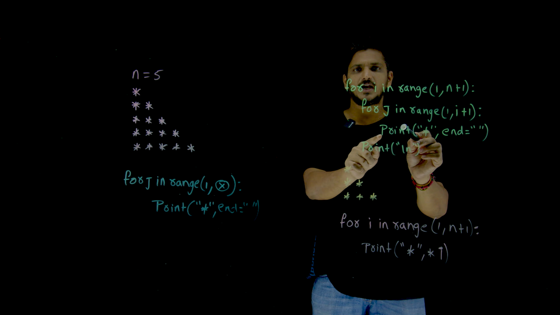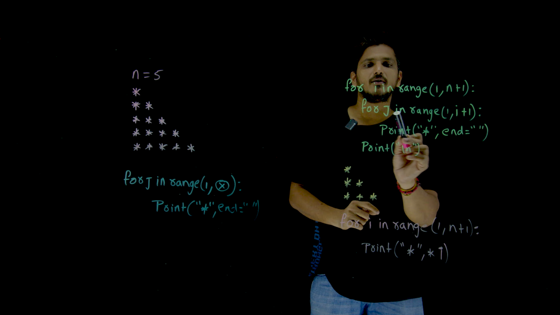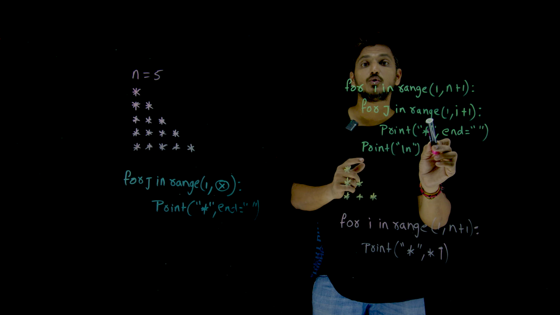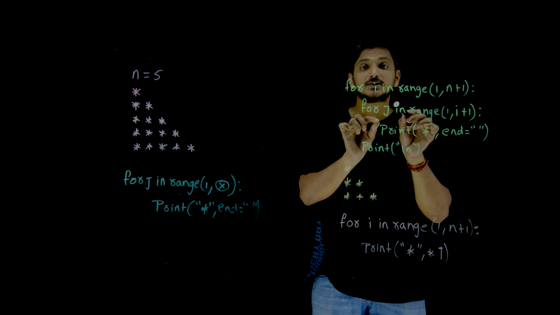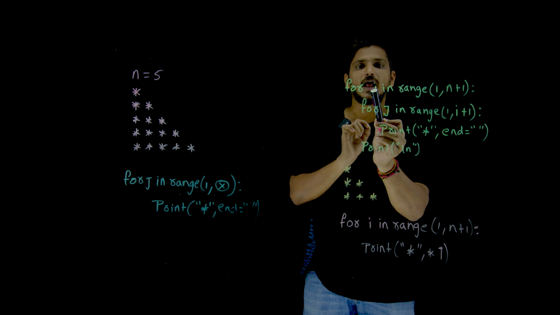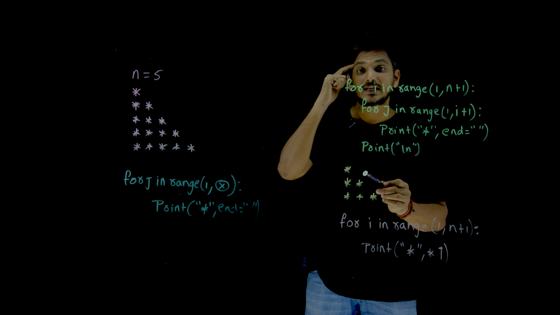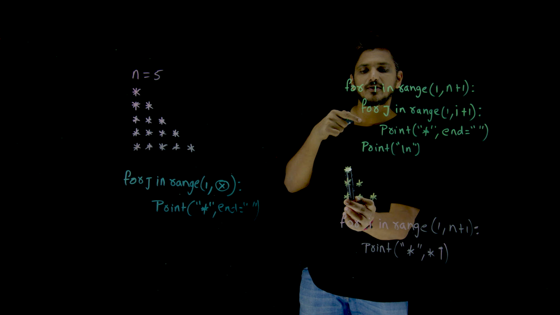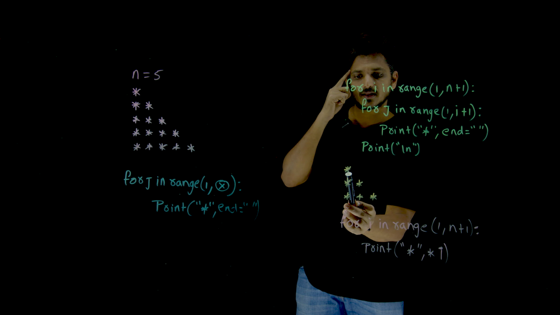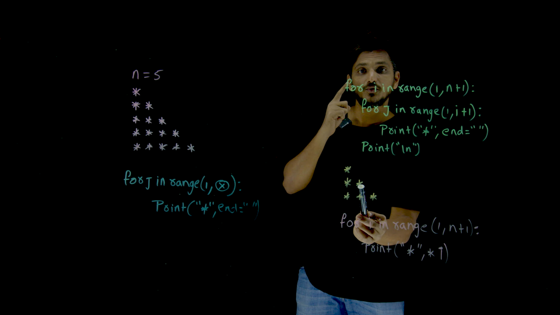When it goes inside, the inner loop, for j in range of, is going to display stars in a line. When i is equal to 1, how many stars do you have to display? For the first line, you need to display 1 star. For the second line, you need to display 2 stars.